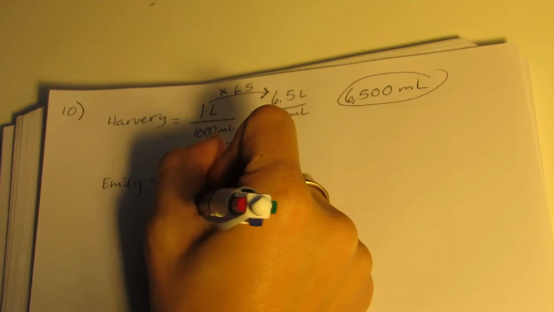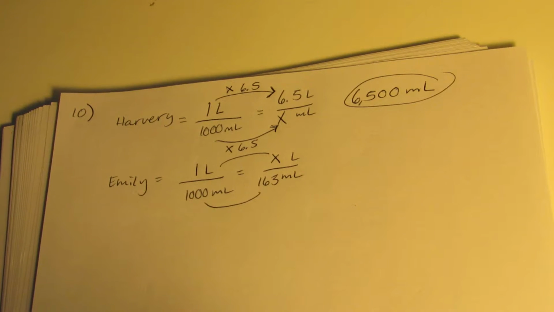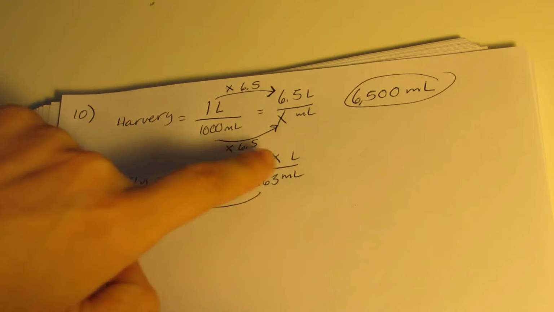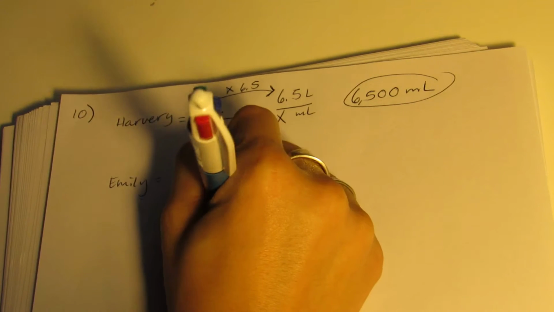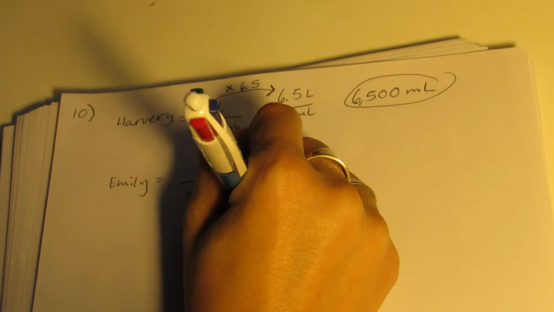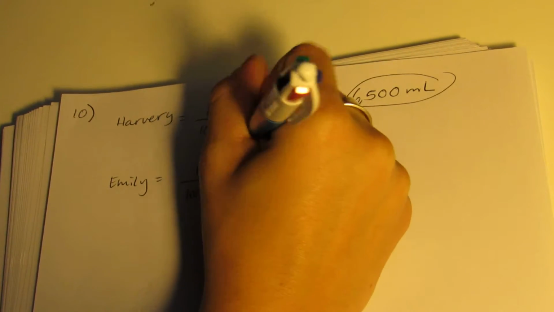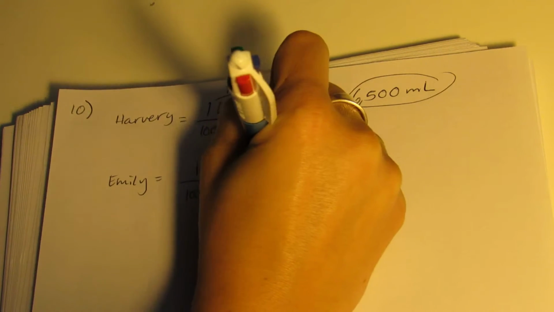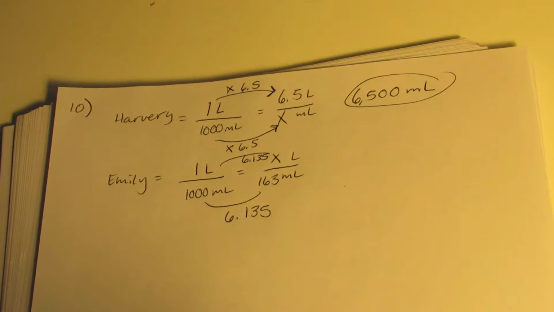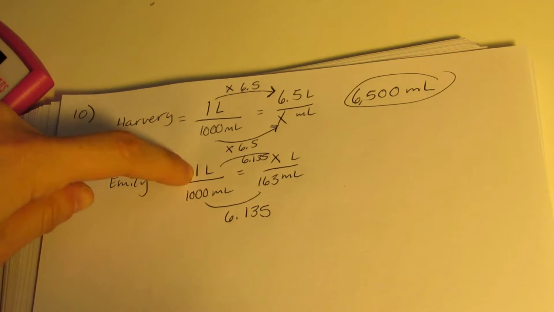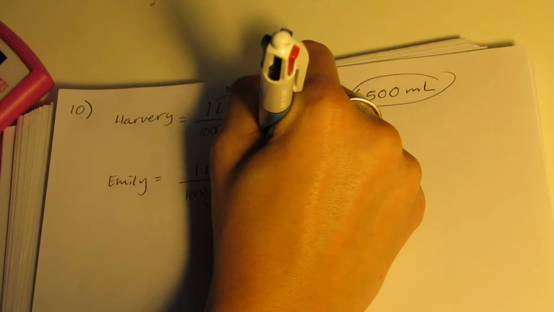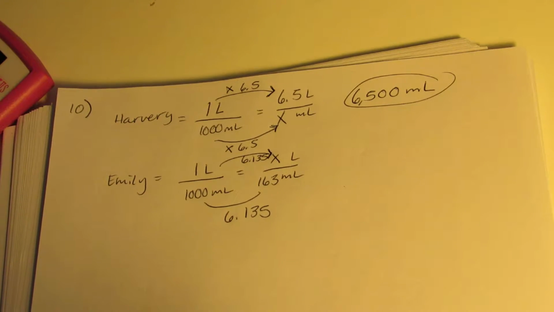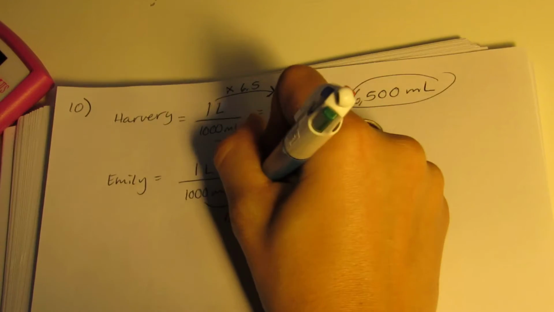Okay, let's figure out Emily. Emily, we're going to do the milliliters, so we need to find the scaling factor. My 2 given numbers are 1,000 and 163. I'm going to take 1,000 divided by 163. I get a decimal, 6.135, rounded. Now we're going to go toward the x, right? 1 to x. We want to figure that one out, that's why we put the arrow toward the x. So do the same thing for your denominator.